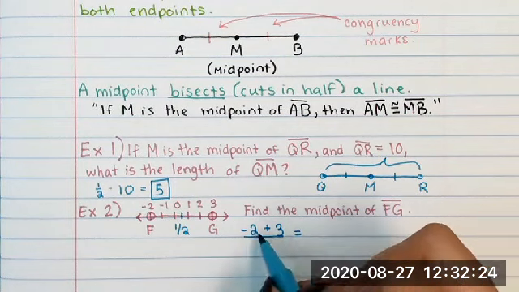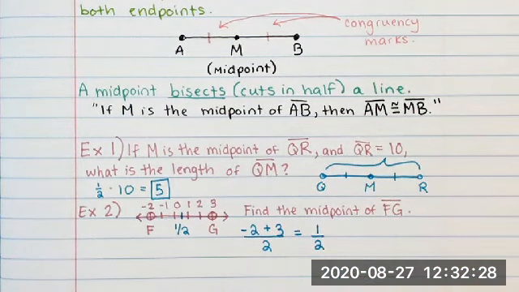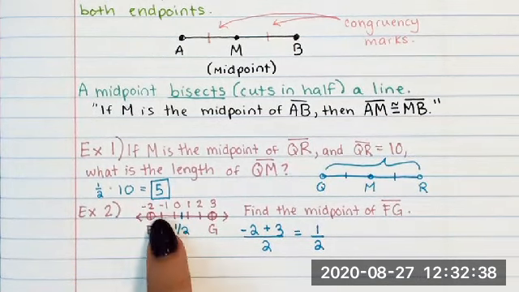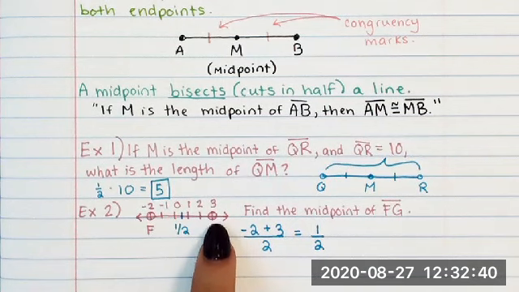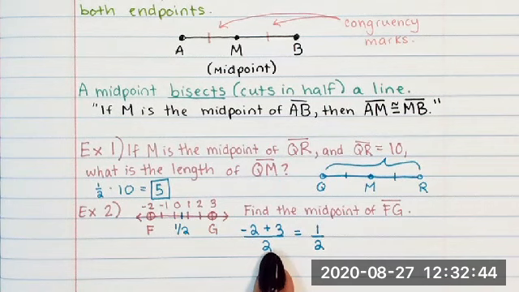And that will give you 1 on top and 2 on the bottom. And whoa, look, it is a half after all. So those are different ways that you can find a midpoint when you're dealing with one-dimensional distance, like on a number line. You can either use the number line to count, or you can find an average, adding the 2 together and dividing by 2.